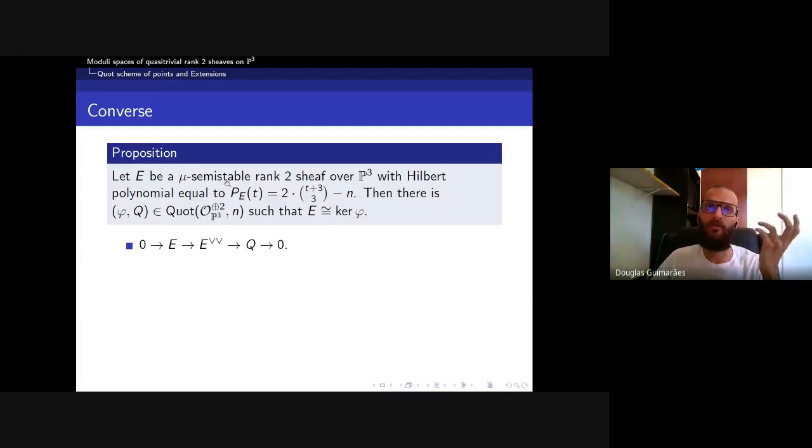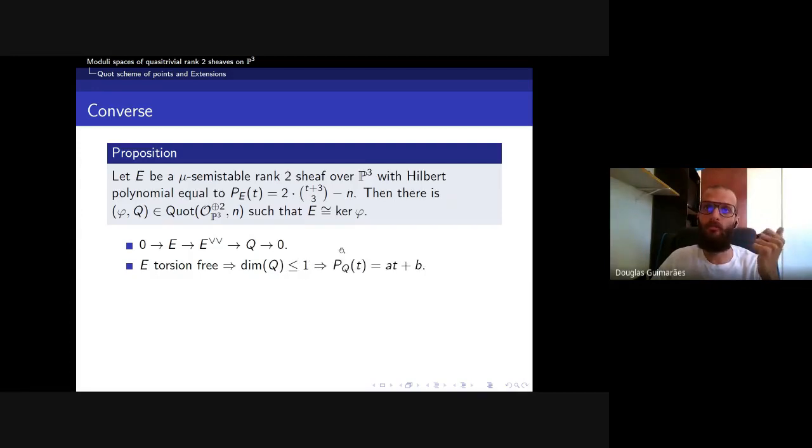So E being μ-semistable, it's torsion free. So we have this injective canonical map to its double dual, and we can consider the quotient here. Now, since E is torsion free, the singularity set of E has codimension at least 2. And since we are in P3 here, I will always work over P3 now, the dimension of Q must be less than or equal to 1.